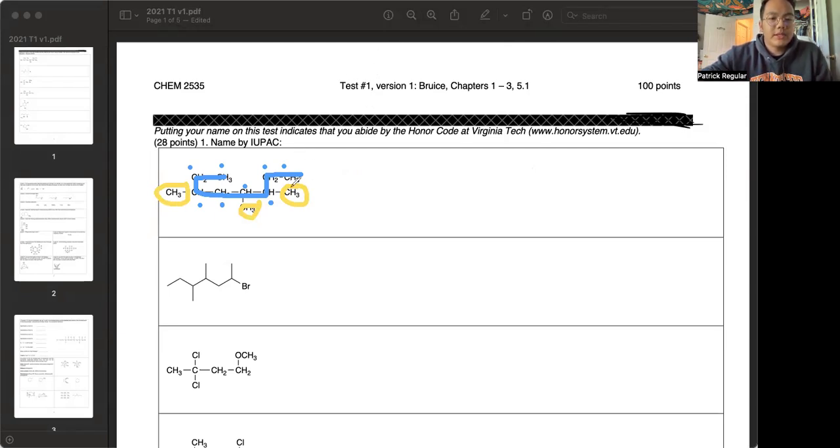So these are our 3 methyl groups, and you just number them back and forth, see which one has the lowest number combinations going left to right. I'm pretty sure that's the correct one. 1, 2, 3 methyl, 4 methyl, 5, 6, 7, 8.